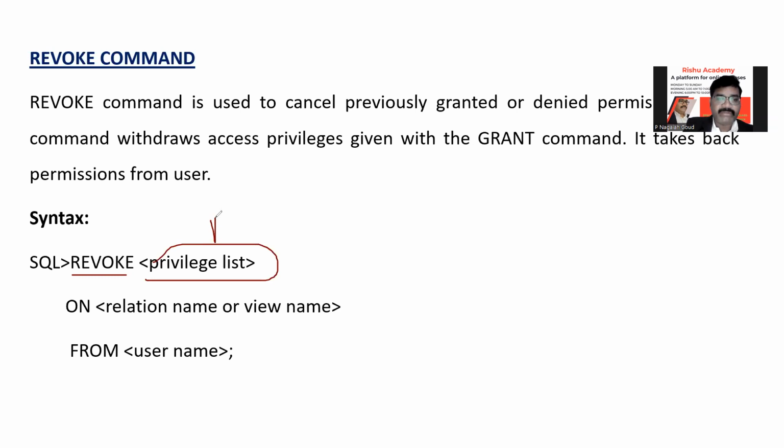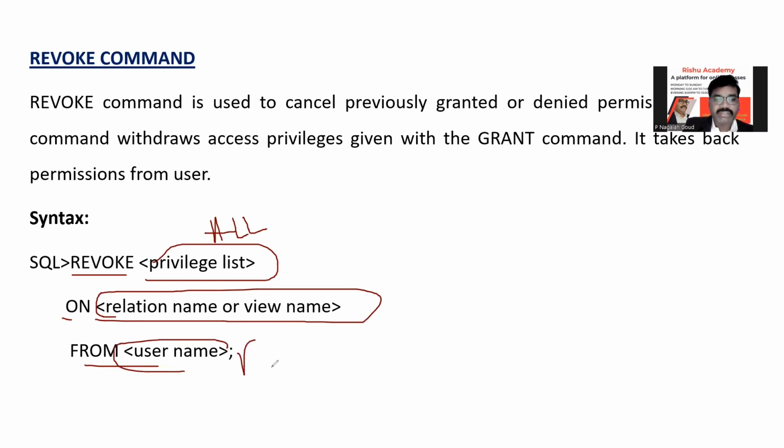I have given all the privileges to ABC, so just write all here, on the table name, employee, from which user? The username is ABC. So the general syntax is revoke privilege list on table name or view name from username.